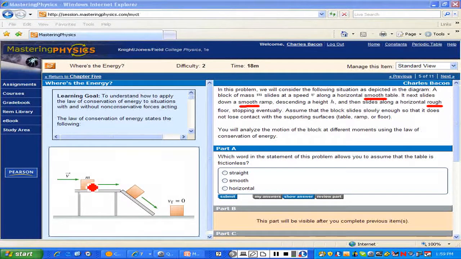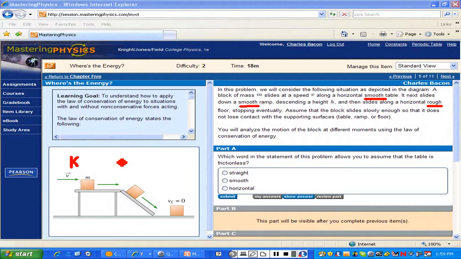Now, even before you start looking at the different parts of this problem, and knowing it's in Chapter 5, and the question is, where's the energy, you should start thinking about what kind of energy we are dealing with at each of the different points along the path of this box. Up here at the top, it has velocity, so we know it has kinetic energy, 1/2 mv squared. And this problem is all symbolic, so there aren't really any numbers.